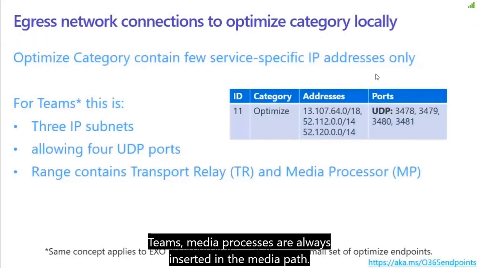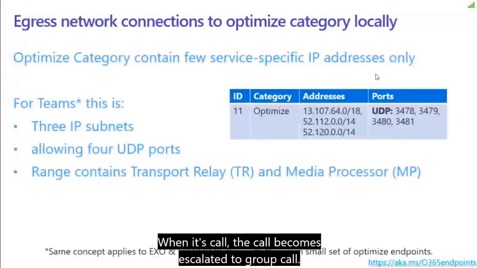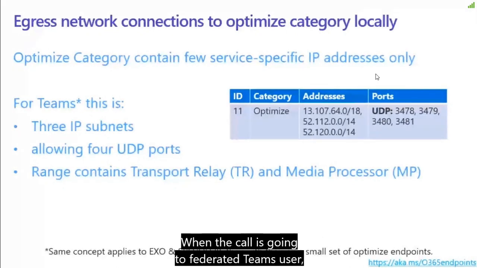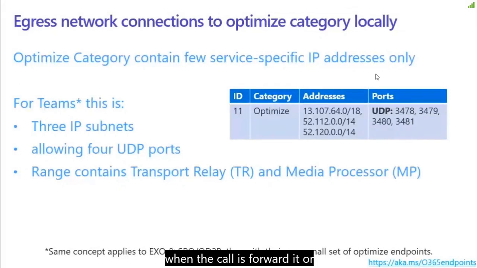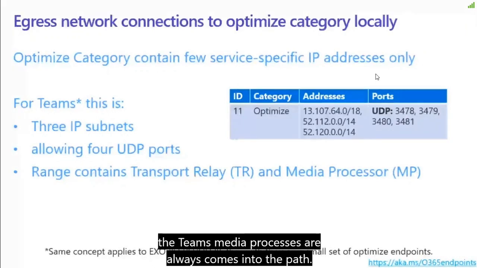Teams media processors are always inserted in the media path when a call becomes escalated to a group call, when the call is going to a federated Teams user, and when the call is forwarded or transferred to a Skype for Business user. So in all these scenarios, the Teams media processors always come into the path.